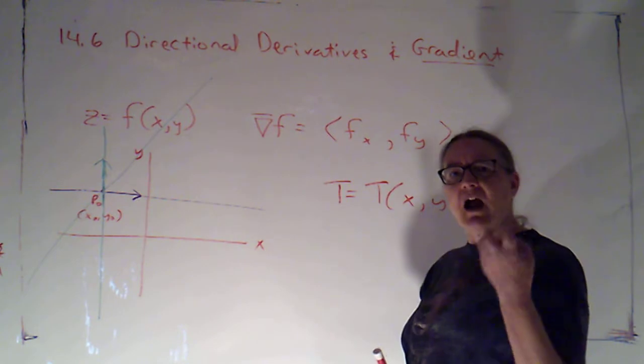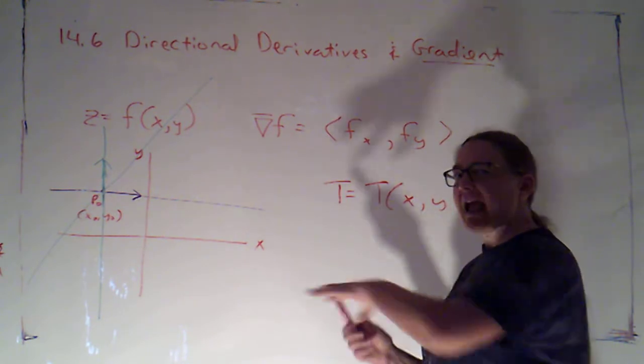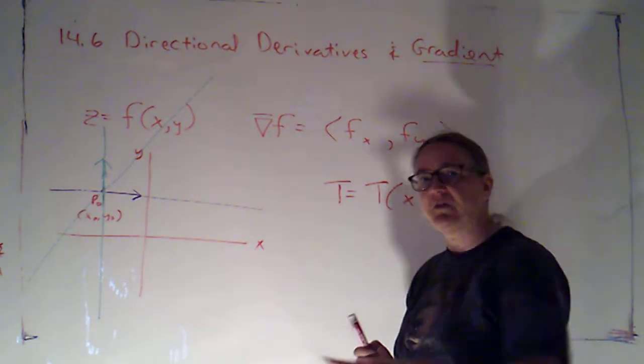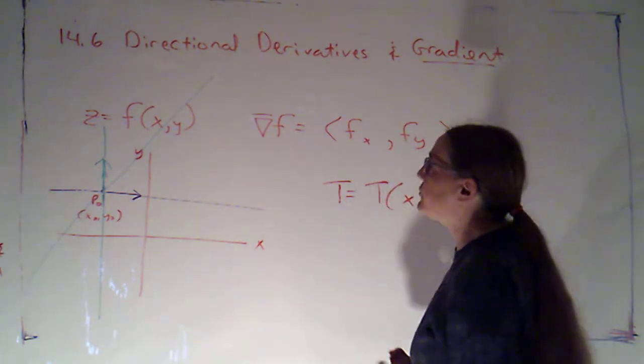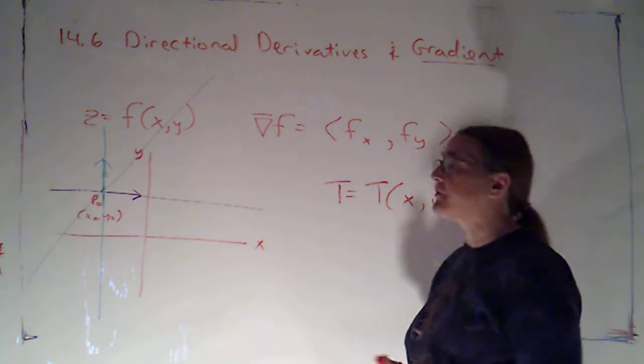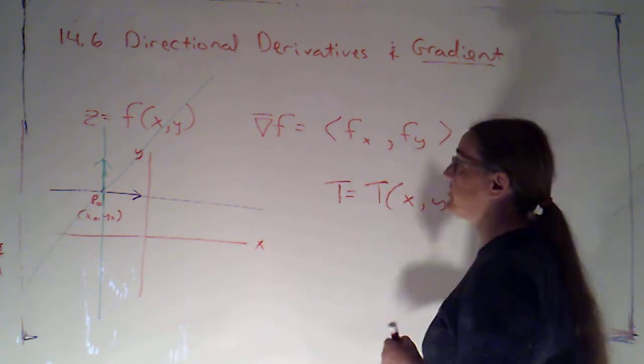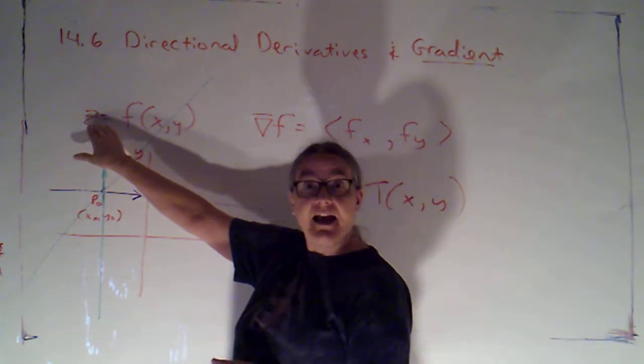Okay. So I'm sort of looking at, as I change my position on the floor, how does the temperature change? Now I can think of directional derivatives even if the third dimension is a spatial dimension, even if I do have z being a height function.